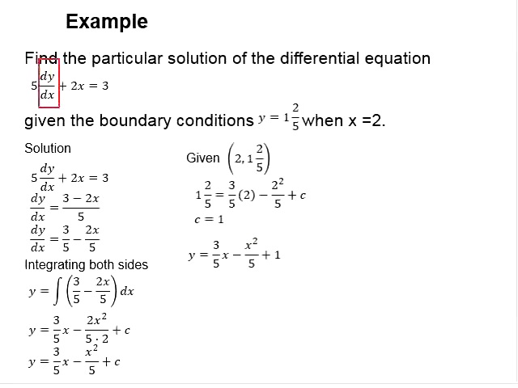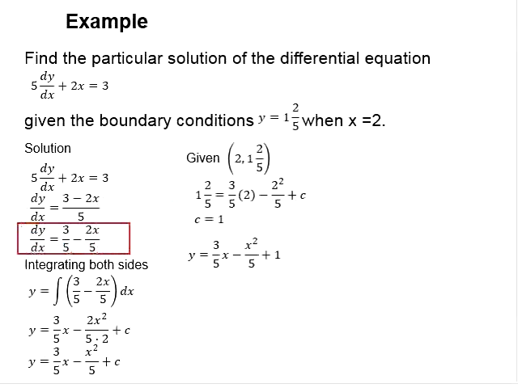Given dy/dx here, you will need to go through an integration process in order to acquire y. Copy the function here. Rearrange the function by moving the 5 to the opposite side and moving the 2x also to the opposite side. From the function here, you can separate it into two terms so that you can integrate them separately.